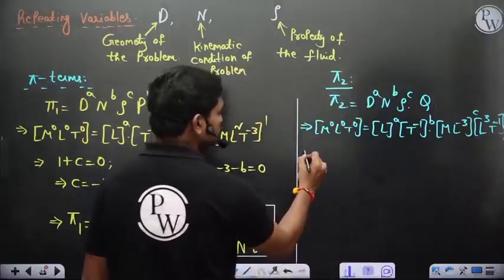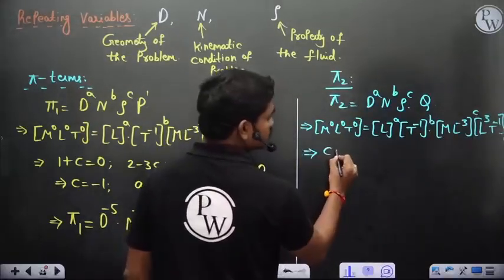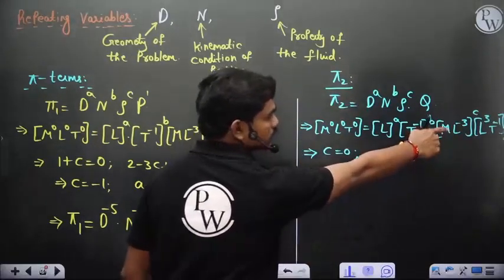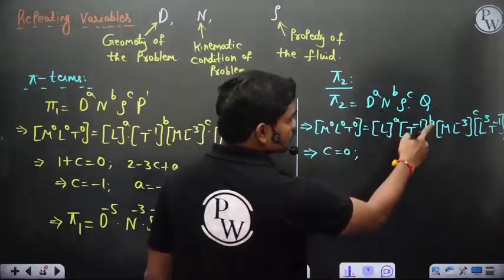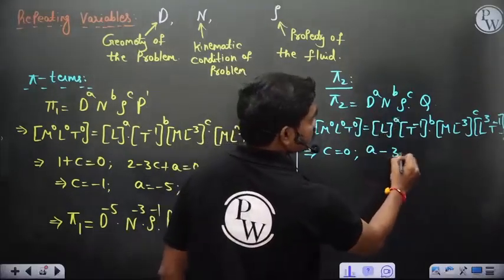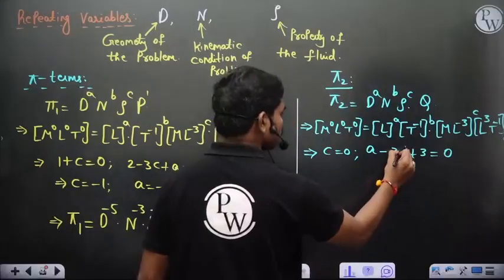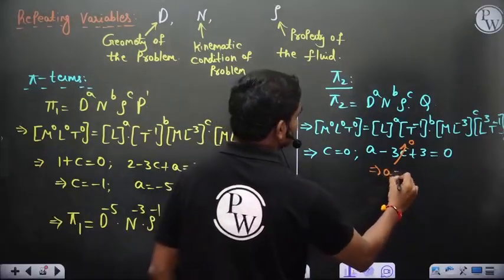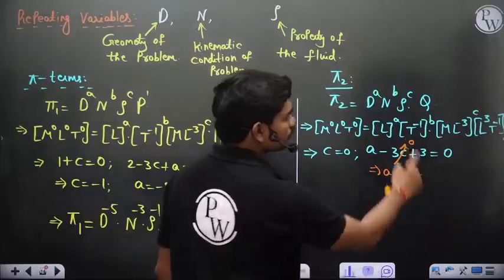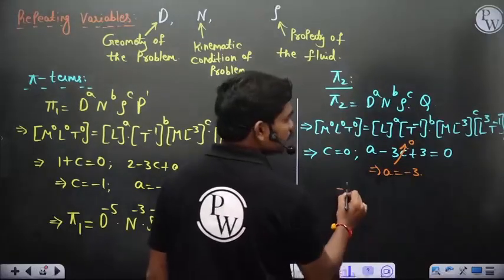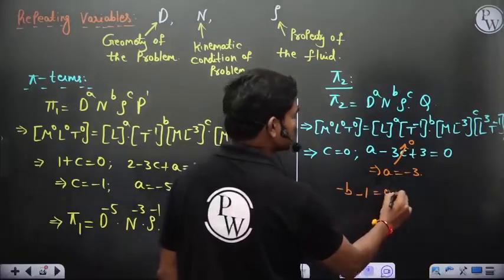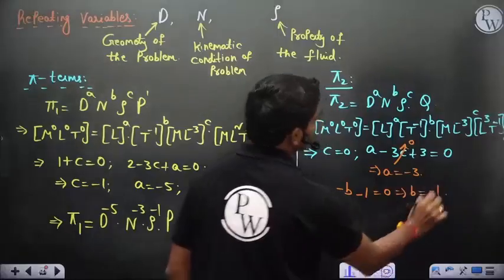Now if you compare both sides, c is 0 ultimately, because mass is only in this term. Length: a minus 3c plus 3 is equal to 0. So c is 0, so a is minus 3. Then time: minus b minus 1 is equal to 0, so b equals minus 1.